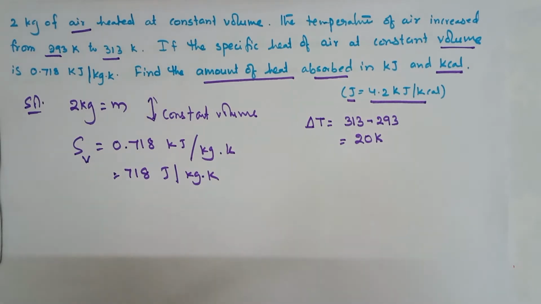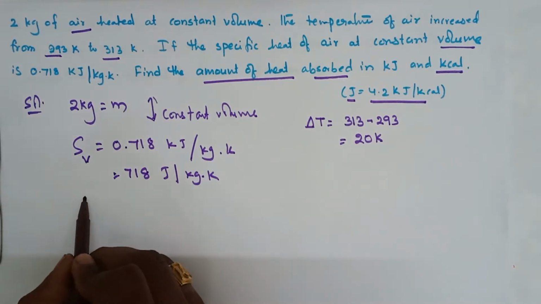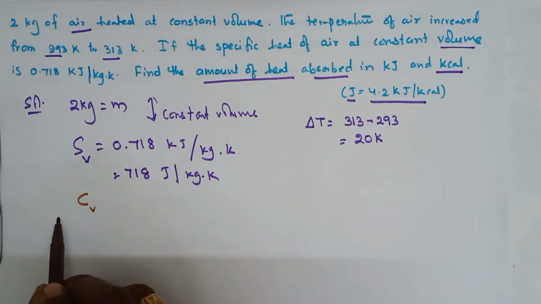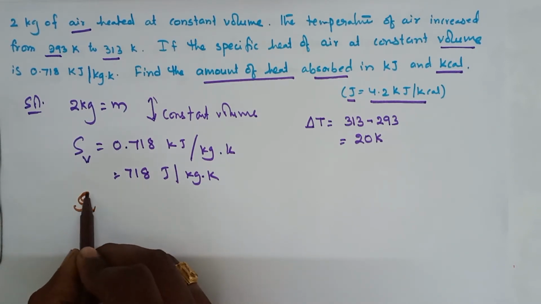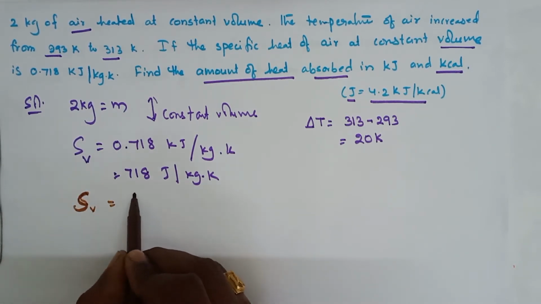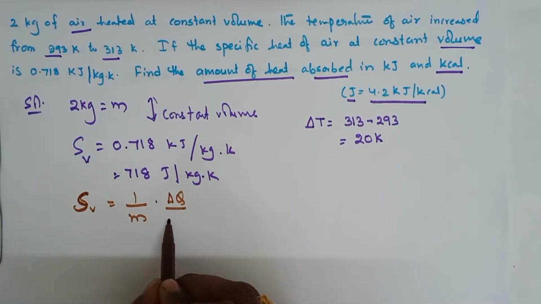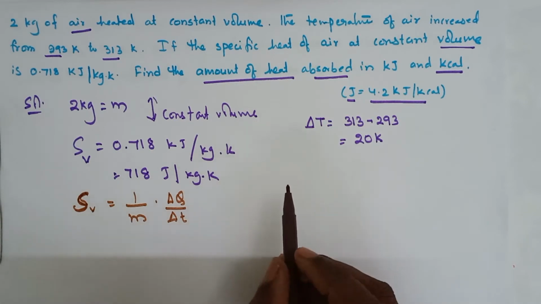Now, what formula is required here? The specific heat of the gas at a constant volume, CV or SV, is equal to 1 by m delta Q by delta T, or dQ by dT.